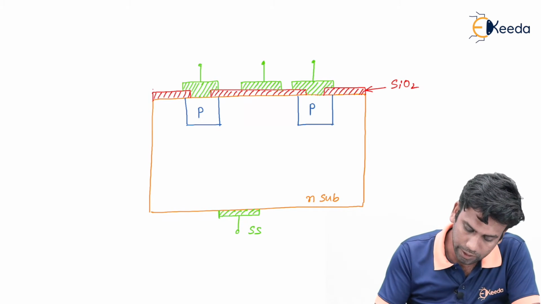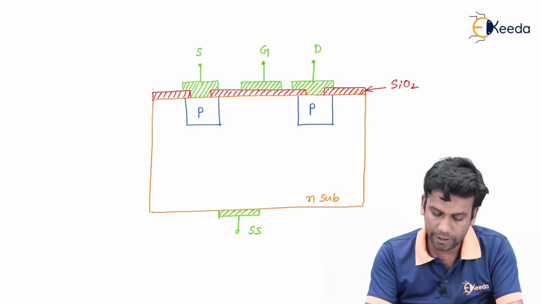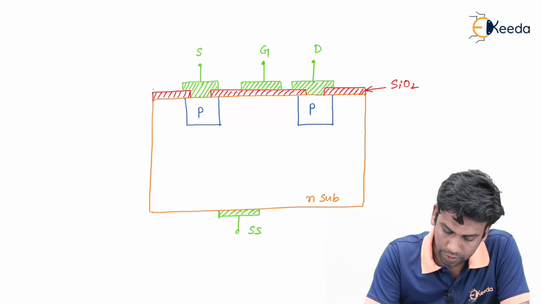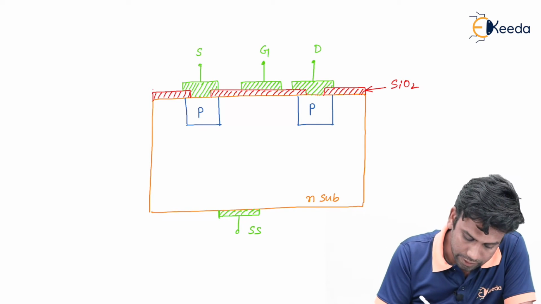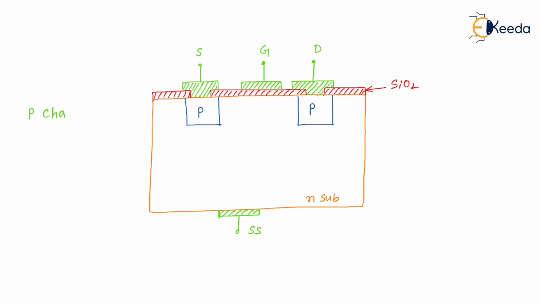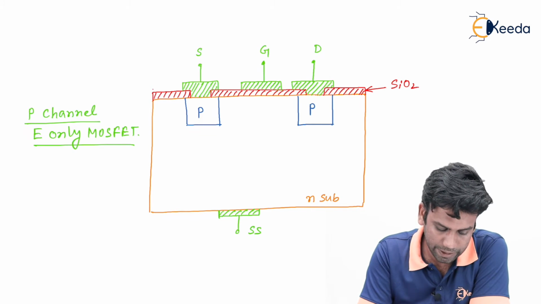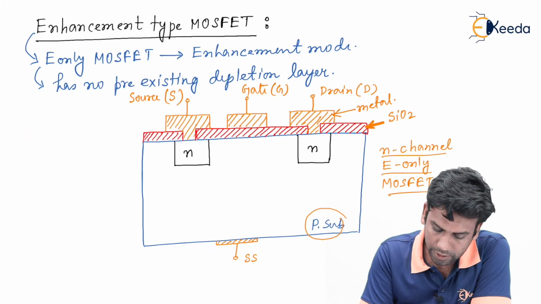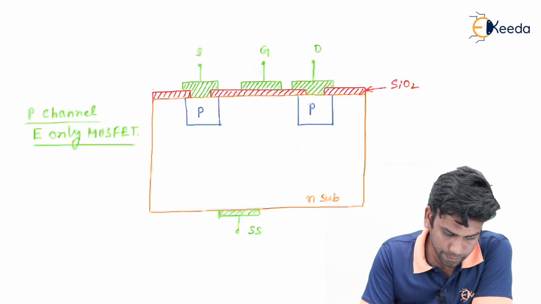So this is the substrate terminal, this will be the gate terminal, this is the drain terminal, and this is the source terminal. Since we have used an N-type substrate, the name of this E-only MOSFET is P-channel E-only MOSFET. So these are the two types of E-only MOSFET. First one is this N-channel E-only MOSFET, and the second one is the P-channel E-only MOSFET.